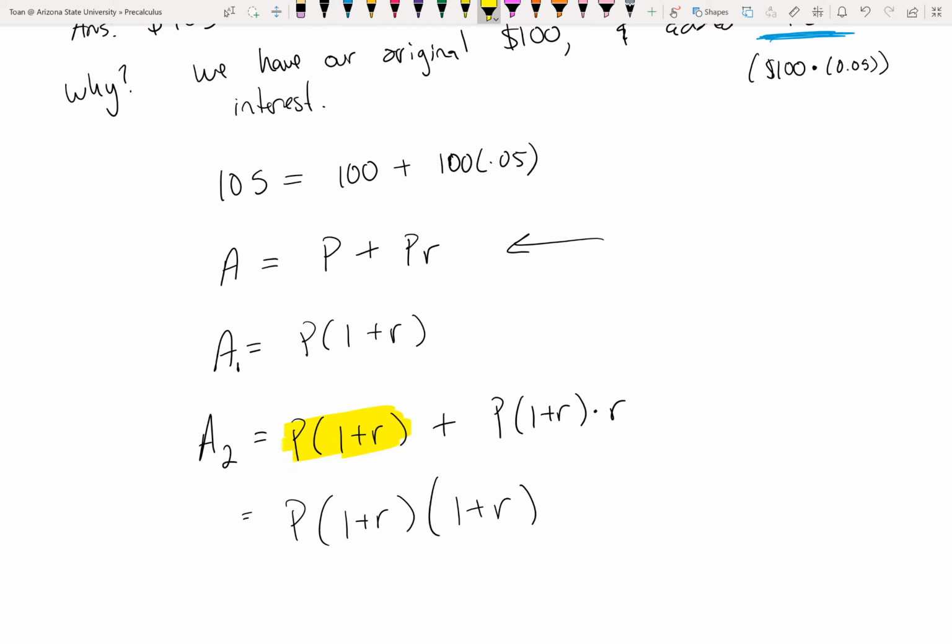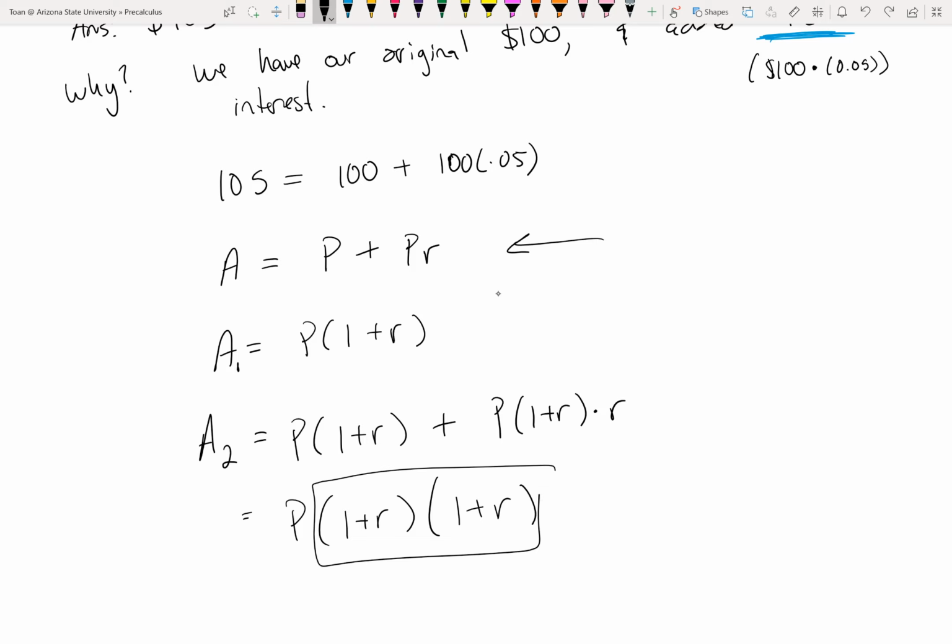Because if we factor this out, what is left over? You have a 1 here, even though you don't see it, and then you have this r here, so it's 1 plus r. Not a trick question.